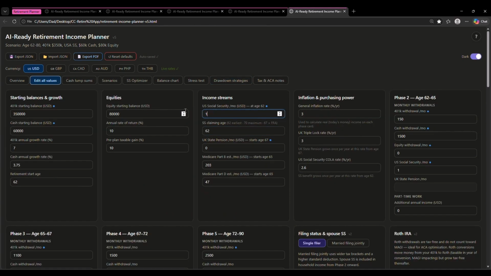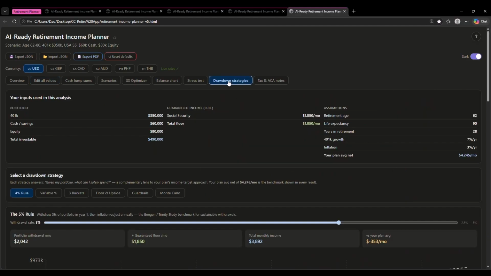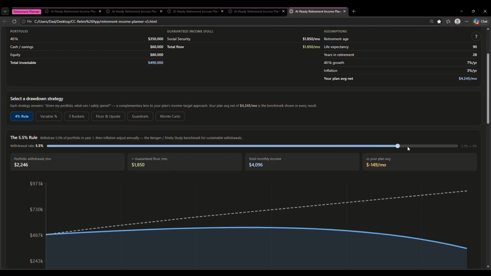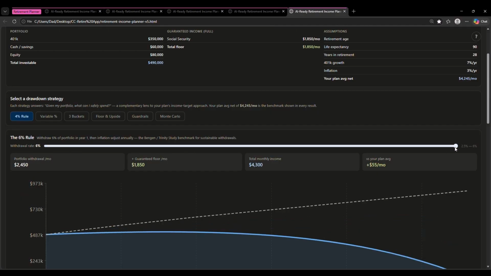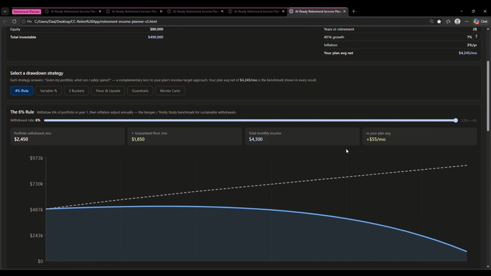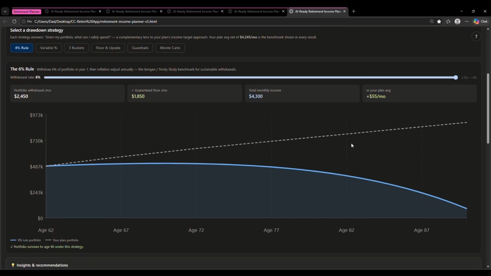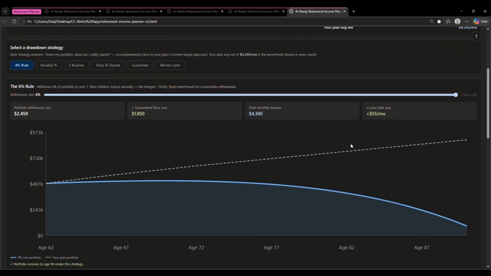With 1,850 here. And we'll go to here. Now we can see we're still not quite at the benchmark there, but if we go to, say, the 6% rule, we can see that we actually have an extra $55 a month leeway there. So yes, there's a 4% rule, yes, there's a 5% rule.